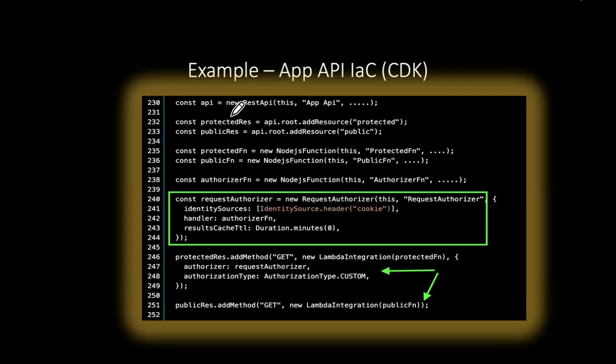So that's these two lambdas here. I've collapsed them because we don't need to know the detail of them. The third lambda is the lambda that will play the role of my authorizer. But in terms of creating that lambda, it's just another lambda. It's still a Node.js function.